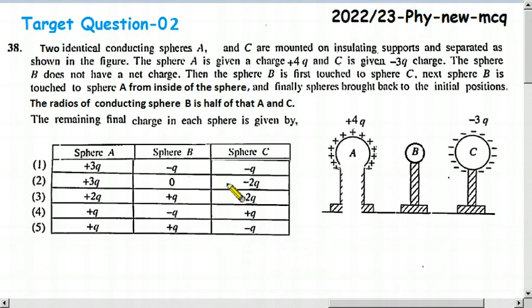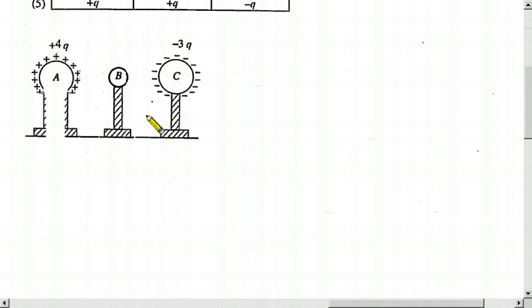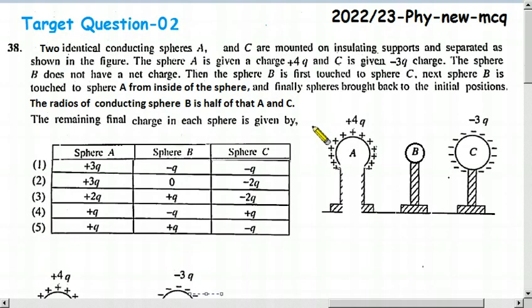Children, since you have stopped and paused the video, now I am going to try this question. So let us take a copy first. As previously, this one touches this one, as in the question.